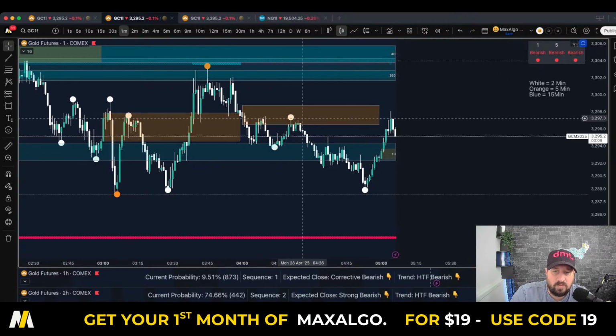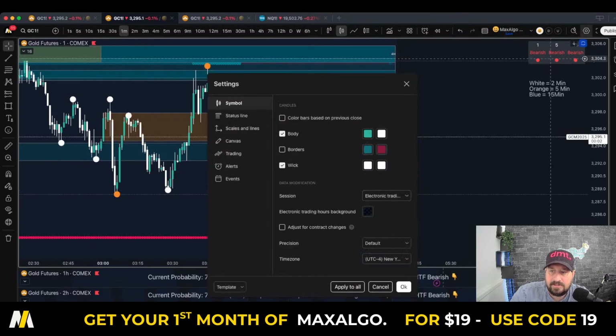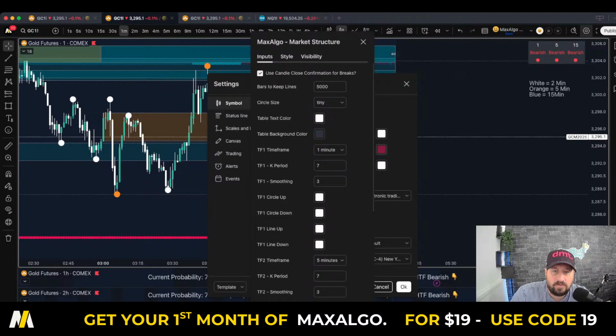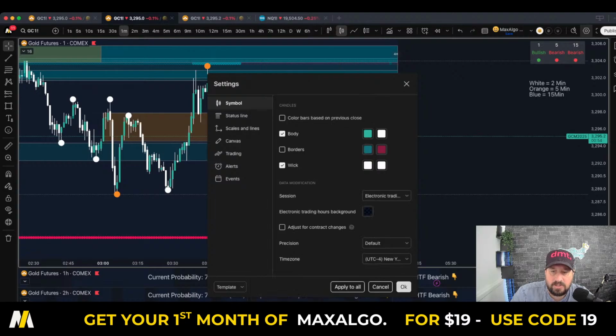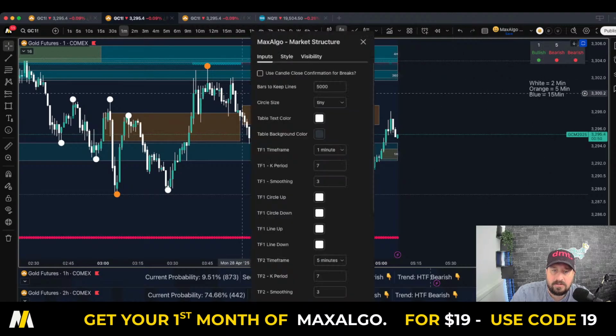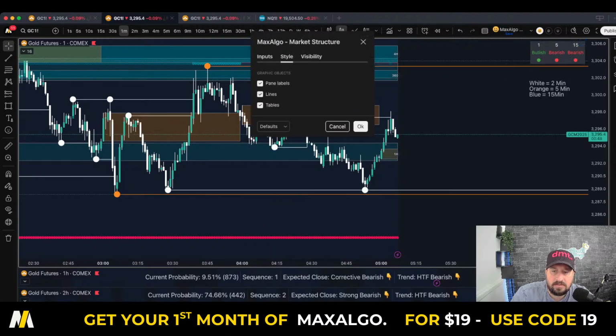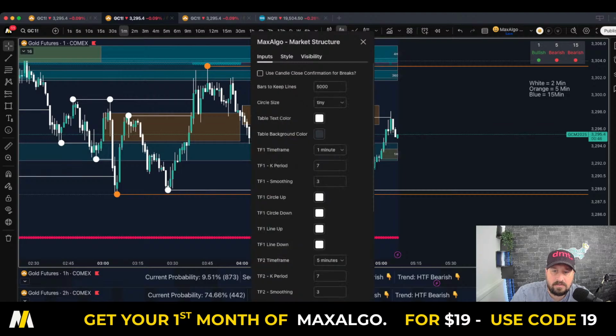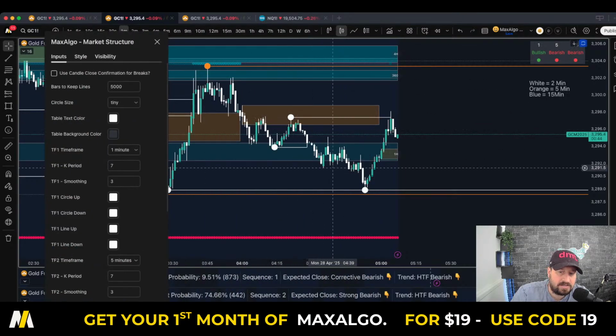So we've just wicked the high. If I was to turn off candle closures, you'll see that the 1 minute's now gone bullish, as that wick would have confirmed it. However, wicks confirming changes.